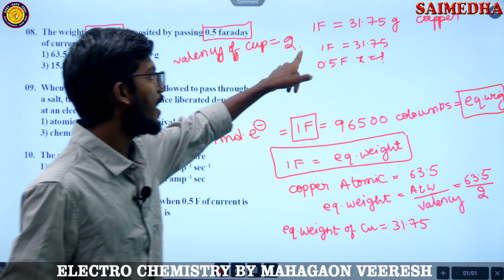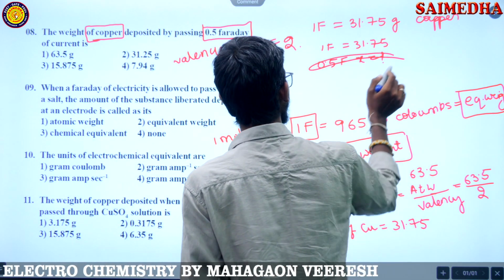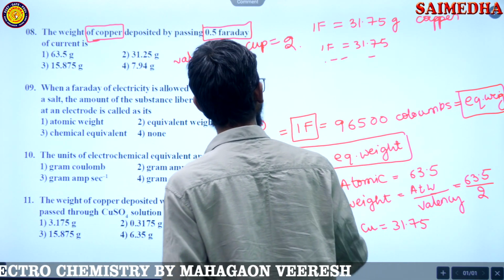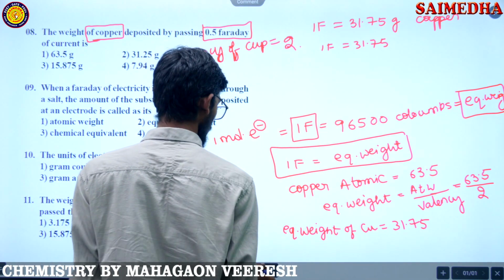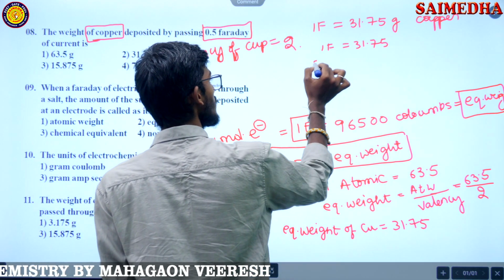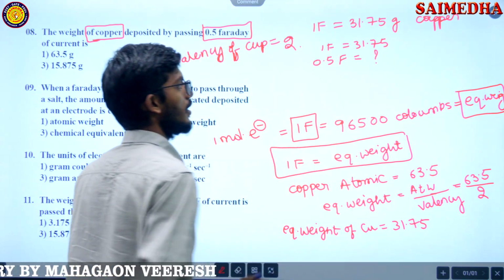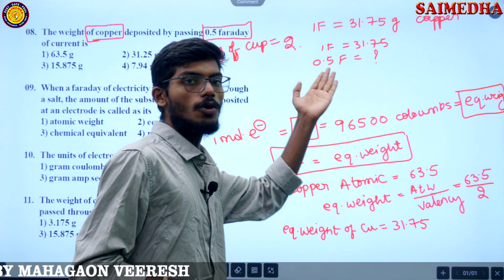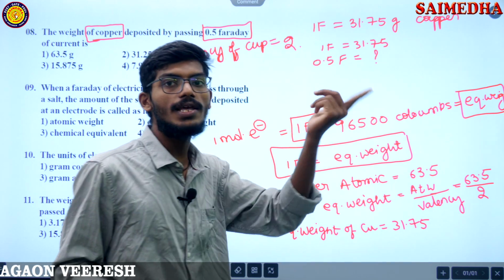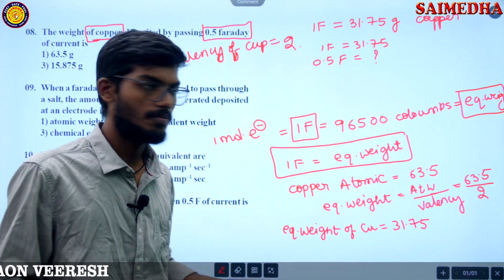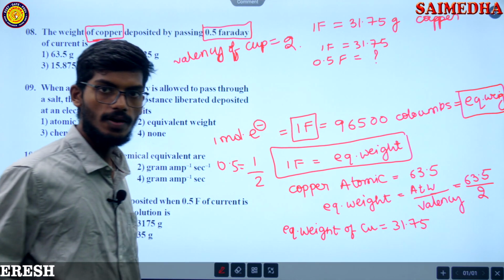So how to calculate? We know 0.5 means 1 by 2. If 1 is giving 31.75, then 1 by 2 will give you how much? Divide by 2. That's it. Because 0.5 means 1 by 2.